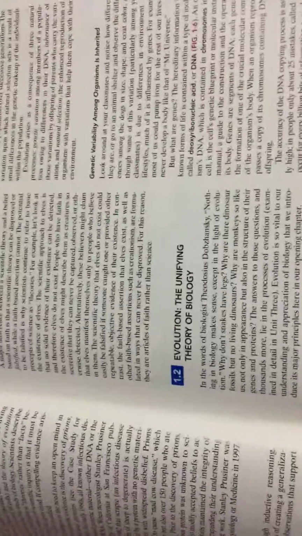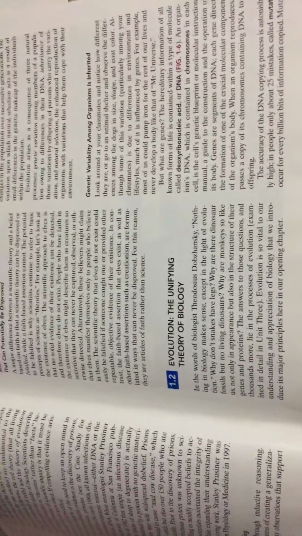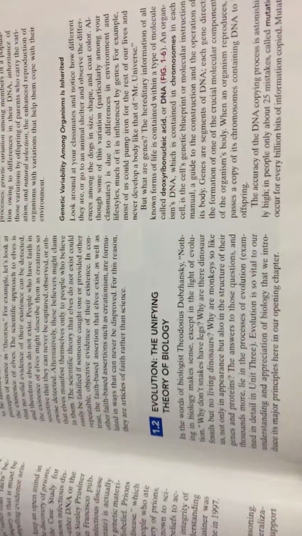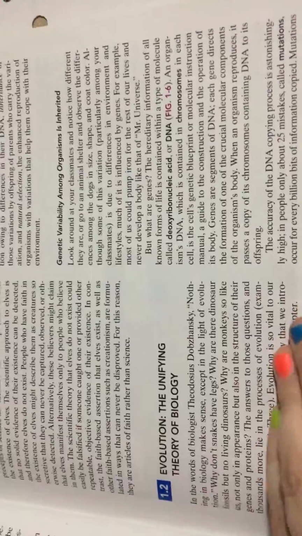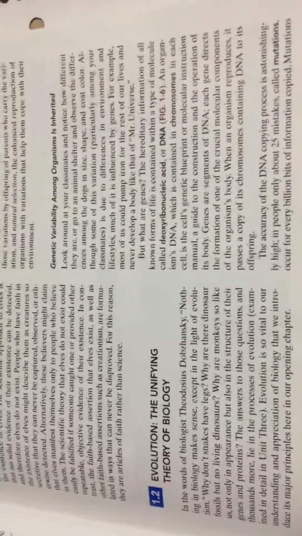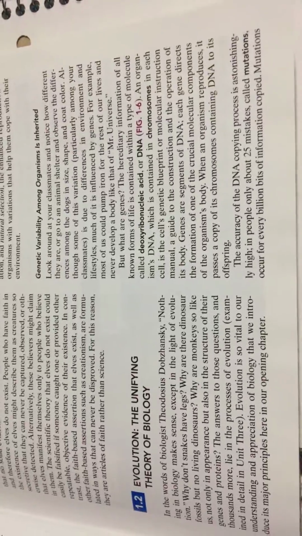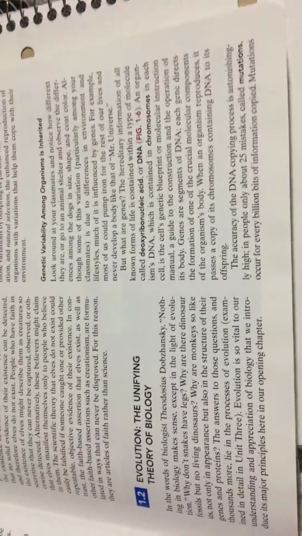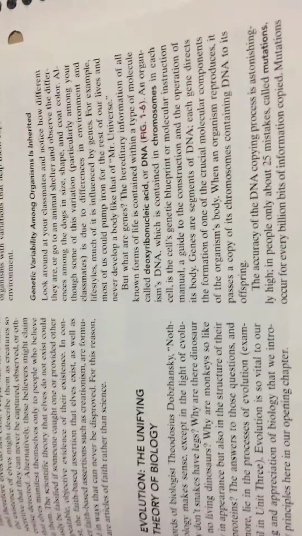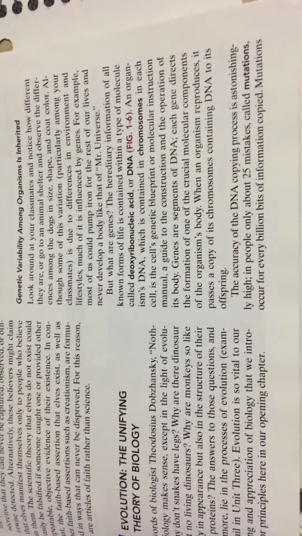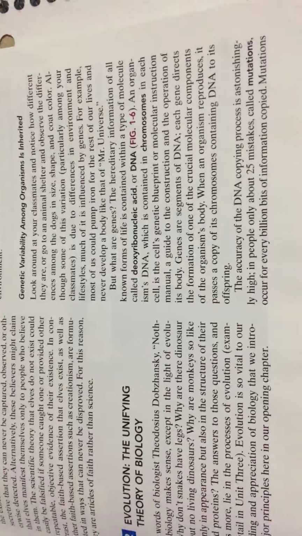So 1.2 is basically just goes over evolution and DNA. So DNA is deoxyribonucleic acid, which is formed from chromosomes, and those basically are traits that we have.